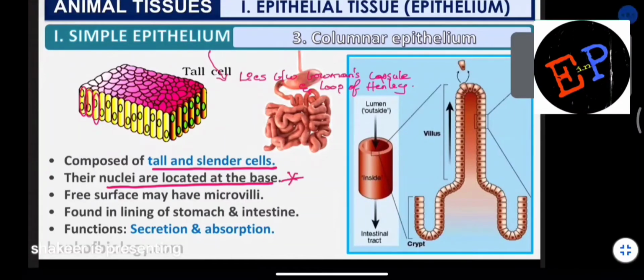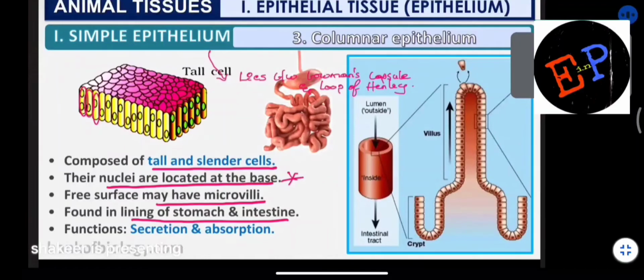Clear? The free surface may have microvilli. It means that in cuboidal cells you can find microvilli, and in columnar cells also you can find microvilli. They are found in the lining of the stomach and intestine. Stomach is a region where body fluids will flow. In the stomach you will have body fluids, many enzymes, many hormones, many digestive acidic juices.